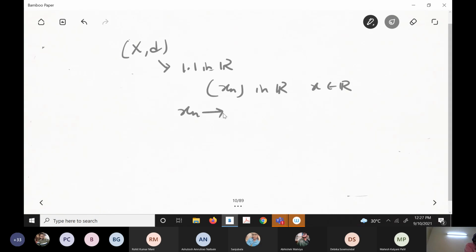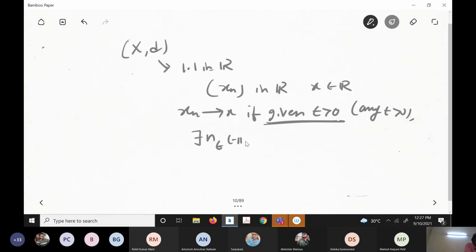This sequence converges to x if basically any neighborhood of x contains a tail of the sequence. That means if given epsilon greater than 0, meaning any epsilon greater than 0, there exists N epsilon, a natural number, belonging to N, which depends on epsilon, such that for all n greater than or equal to N epsilon, the distance is less than epsilon. Got it? This is the definition.